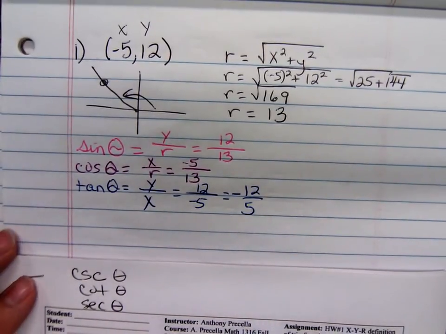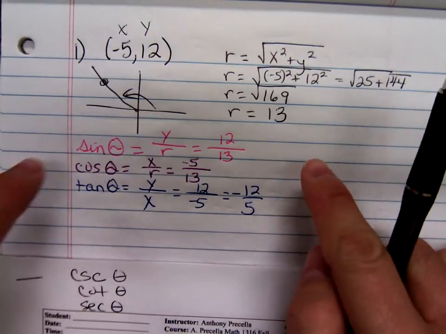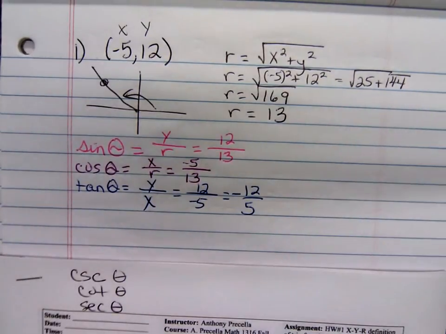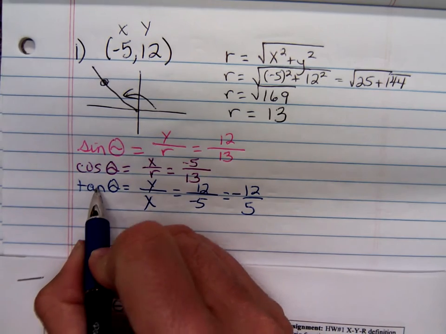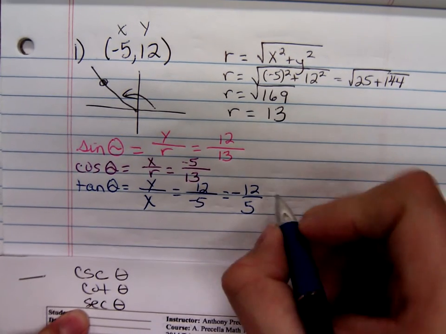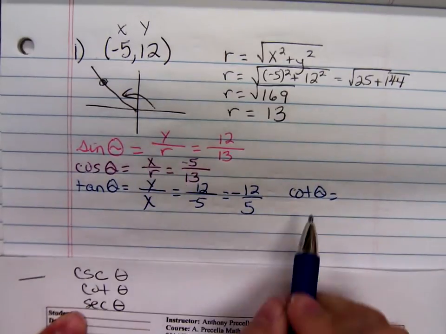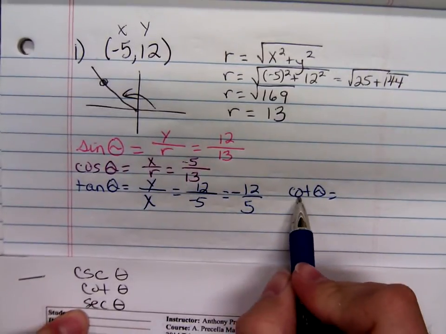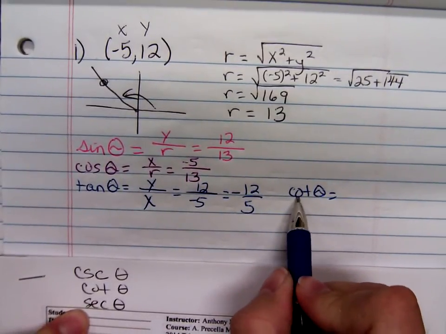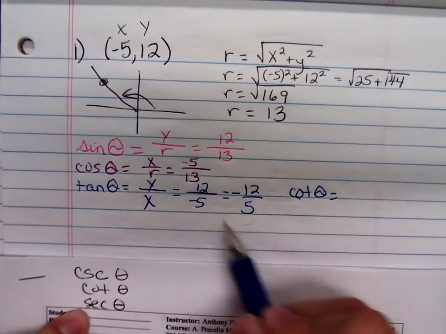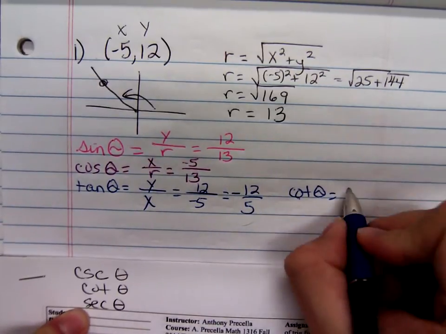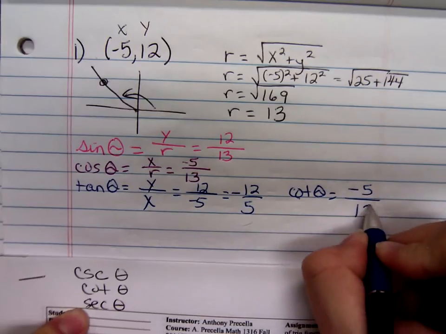Each function and its reciprocal has one co with it. For instance, most people don't have any trouble remembering that the reciprocal of tangent is which of these? Cotangent. Notice how in each pair, there should be one co that goes with it. Cotangent is the reciprocal of tangent, so just flip negative 12 over 5 to get negative 5 over 12.